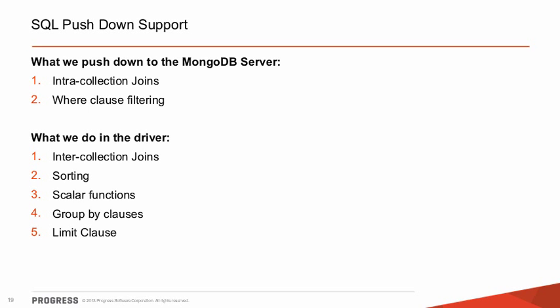Now, having said that, there are some things that we cannot push down to MongoDB because MongoDB either doesn't do them or because the SQL semantics of those operations are subtly different or potentially different than the equivalent or nearest equivalent MongoDB semantics. So things like inter-collection joins, MongoDB just doesn't do that.